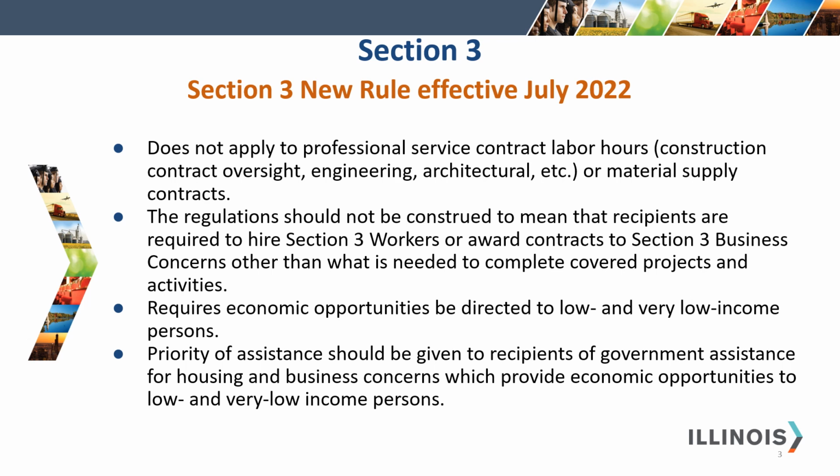Section 3 requires economic opportunities be directed to low and very low income persons, and priority of assistance should be given to recipients of government assistance for housing and business concerns which provide economic opportunities to low and very low income persons.